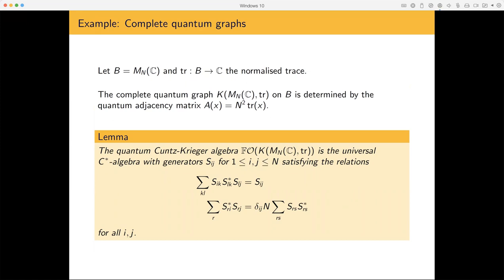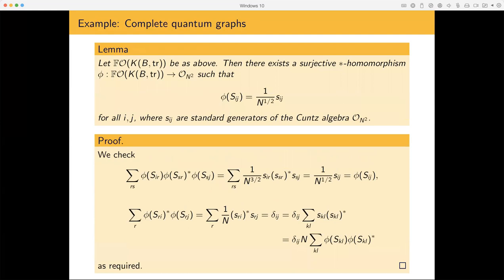And if you stare at this condition for a little bit, you may notice that you can map this to another well-known algebra, which is related to this story. More precisely, you can map this C-star algebra to the Cuntz algebra O_{n squared}.